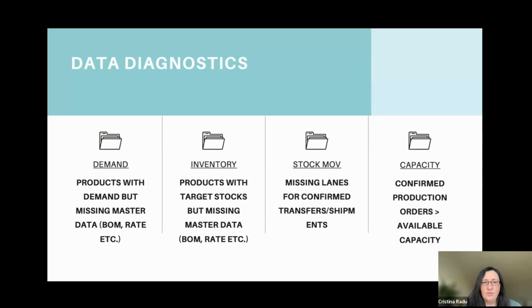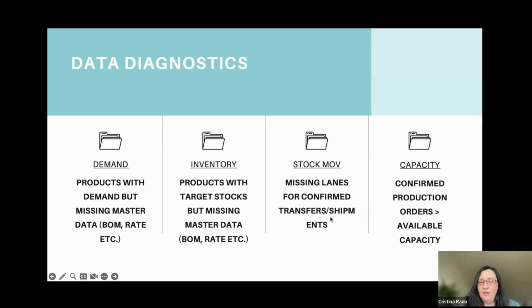So you need to filter out, for example, product with demand but missing master data, because this is going to get the solver to go in loops and search and search and search and run for hours. And you don't know, does it run for hours because it takes that long or because the data is wrong? So if you filter out some issues, that would be very helpful.